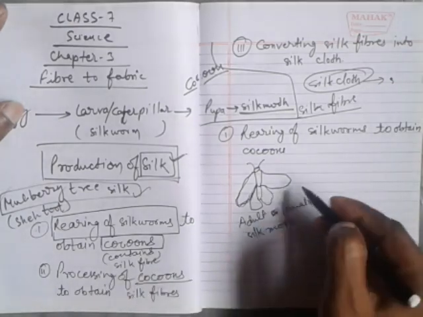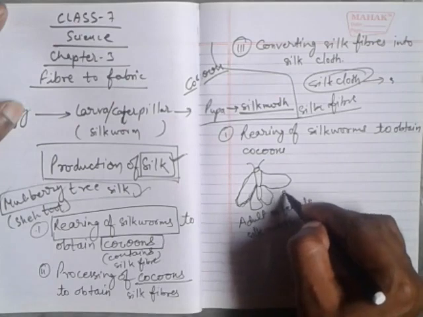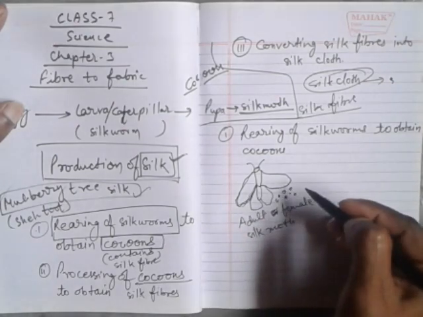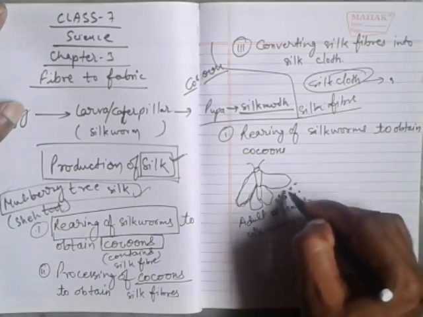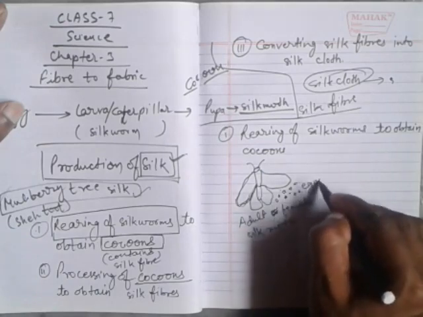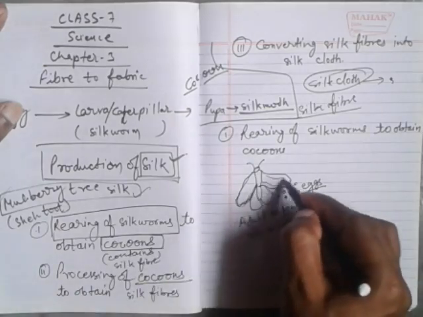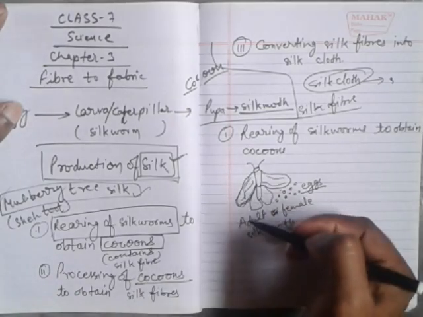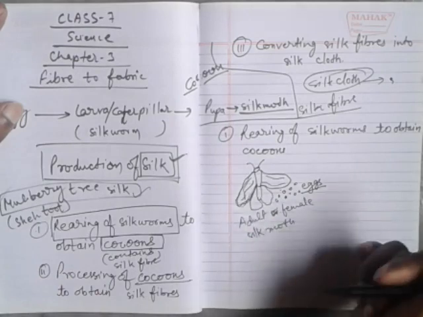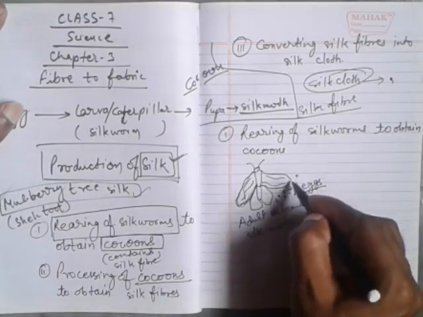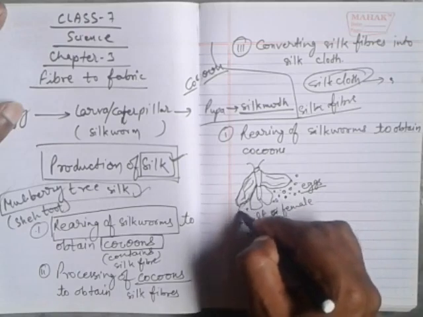A female silk moth lays hundreds of eggs at a time. These are the eggs of a female silk moth.